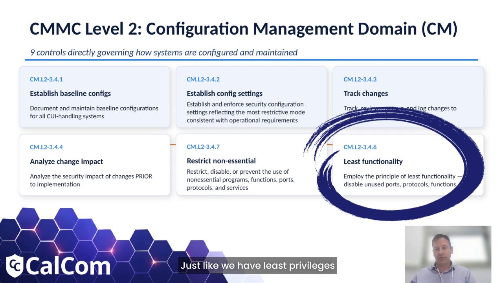Just like we have least privilege with users, computers, and applications, we would like to enforce least functionality. It is all connected to how we define our baseline and where it can be implemented. But as long as we are fully implementing the baseline, we should be able to cover this topic of least functionality as well.